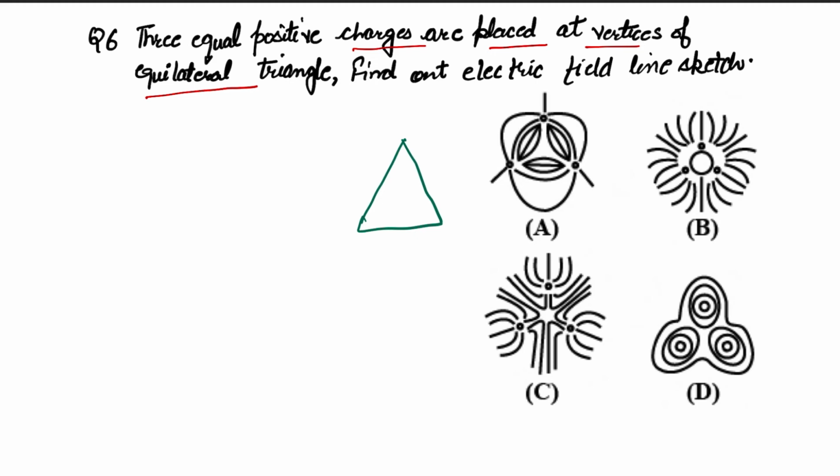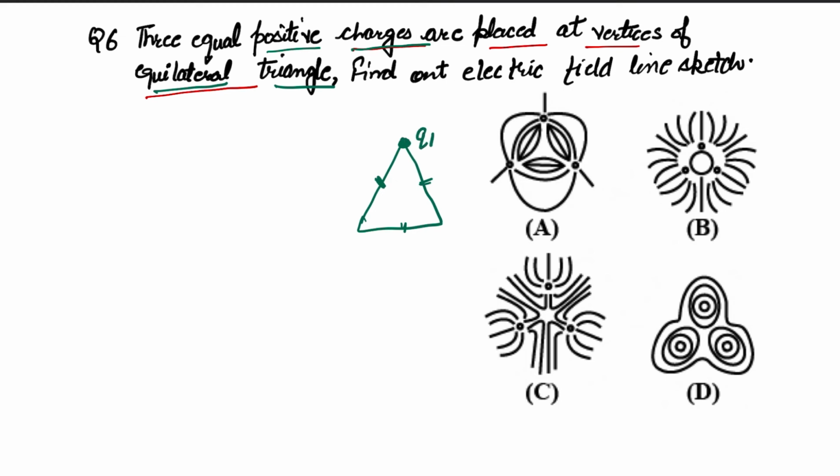In question number 6, you have 3 equal positive charges placed at the vertices of an equilateral triangle. So this is an equilateral triangle in which all the 3 sides are equal. You have mounted positive charges.